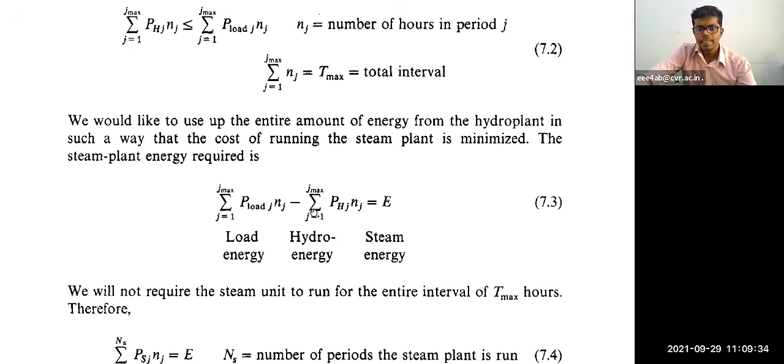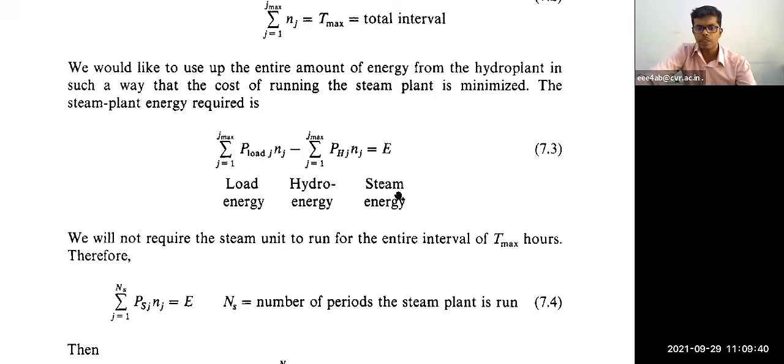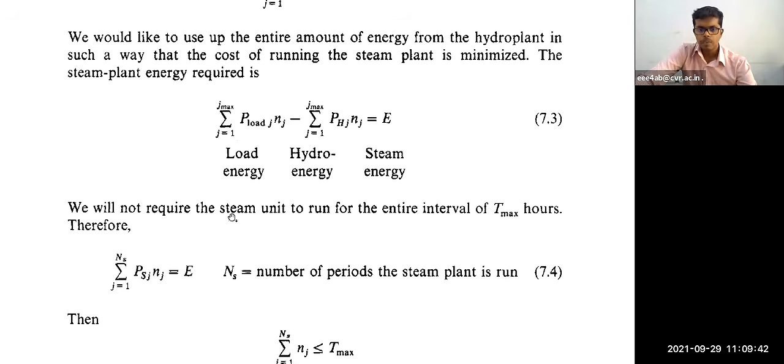So load minus hydro is equal to E. E is nothing but the energy that is being generated from the steam alone, that is, the power generated from the steam for a period of time. Here E is nothing but PSJ into NJ, where J is equal to 1 to NS.